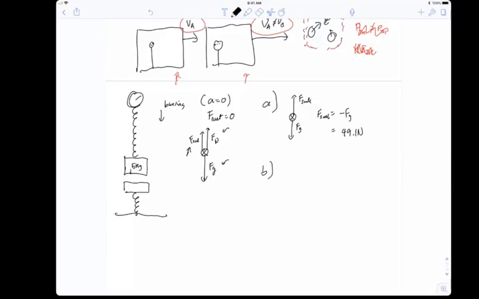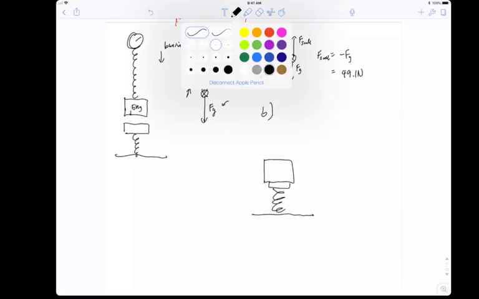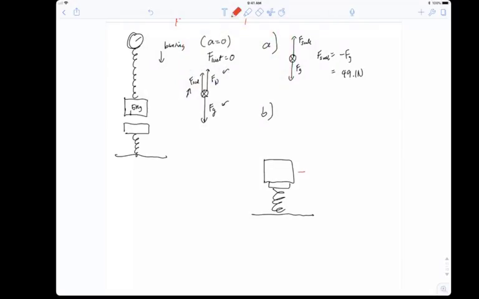Question B. If the scale reads 40 newtons when the bottom spring is compressed by 30 millimeters, hold on. What we're saying is, what if the spring has been compressed by 0.03 meters, and there's still a scale force?